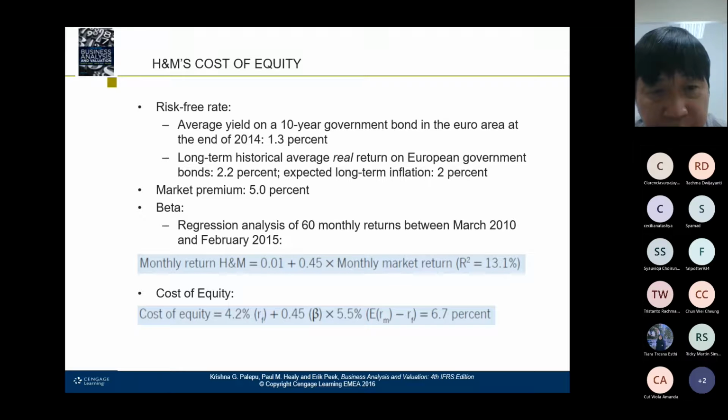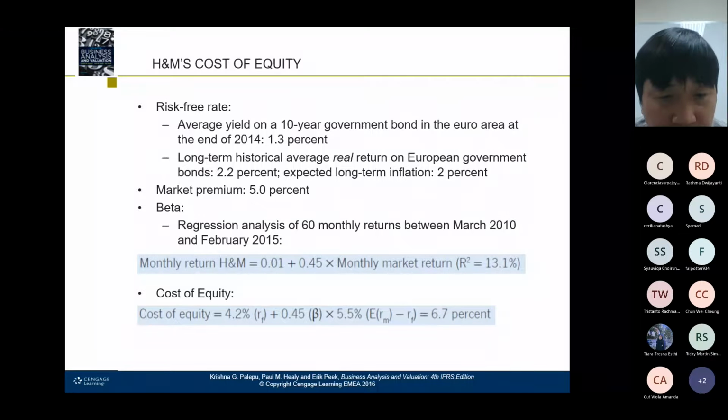Next, the market premium of 5.0%, also from the historical database. The beta, you can run the regression on the monthly returns between March 2010 and February 2015. So you can get a beta, estimated from the regression.